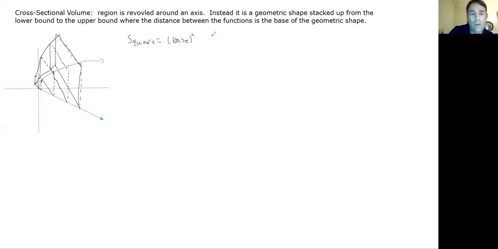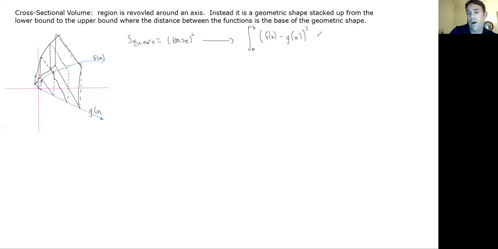Well, if I'm dealing with a bounded region, the length of that base is going to be whatever f of x minus g of x is. So in terms of cross-sectional volume, it would be the top function minus the bottom function, and squared.